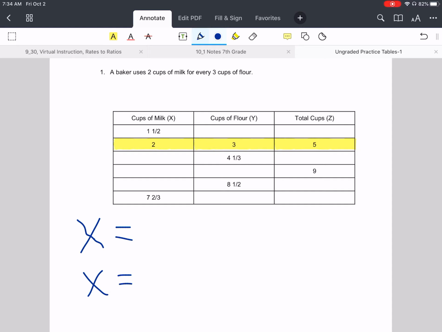So that is why x is 2/3 of the value of y, because 2 is 2/3 of 3. And then we're seeing that x is 2 and z is 5. So x is 2/5 the value of z.